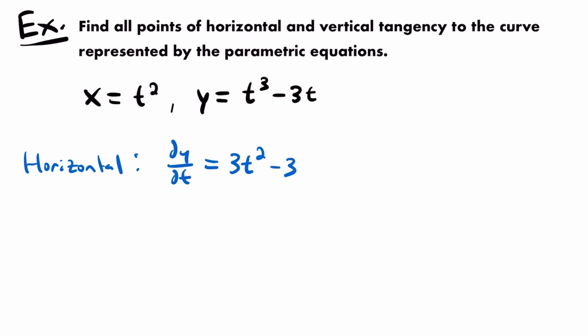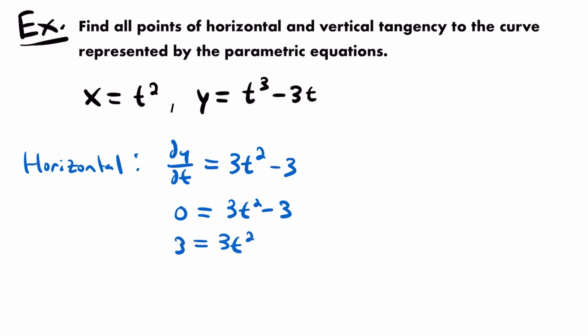What we want to do is set this equal to 0 and solve for the values of t. That will give us the values of t where the slope would be equal to 0. So we'll have 0 is equal to 3t squared minus 3. Now let's solve for t. If we add 3 to both sides, we'll have 3 is equal to 3t squared.